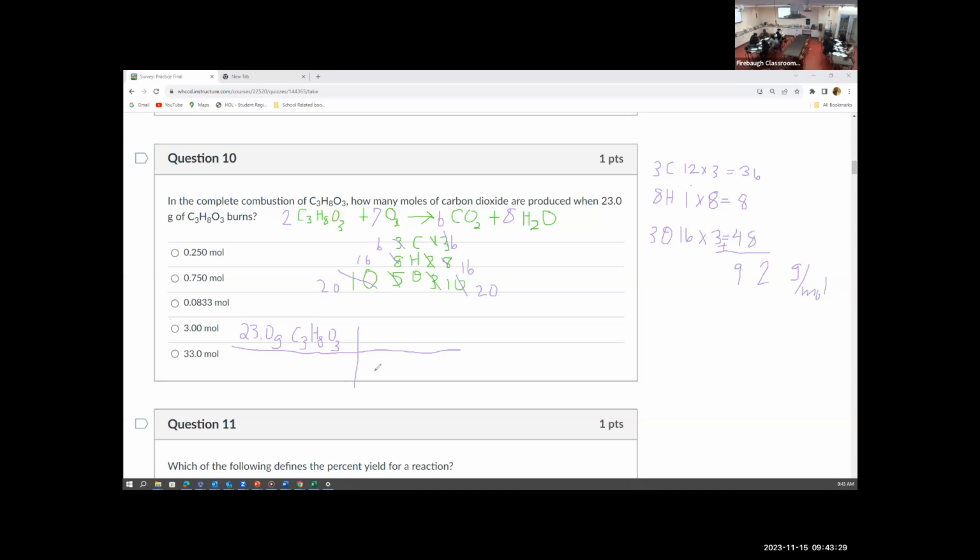Okay, so then, okay, so we have 92 grams over 1 mole of C3H8O3.